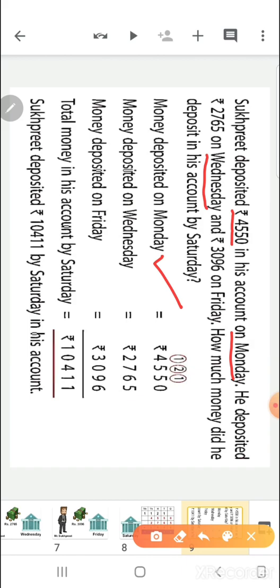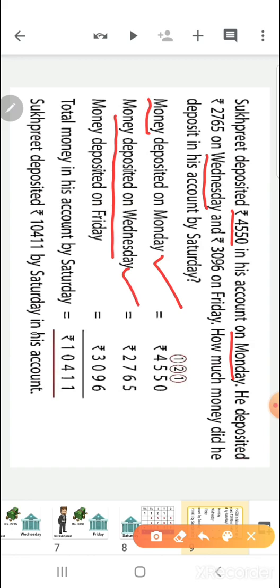Children, in this question we can see that Sukhpreet is depositing money. So that is why we can start our statements with the word money. Okay. Then money deposited on Wednesday.